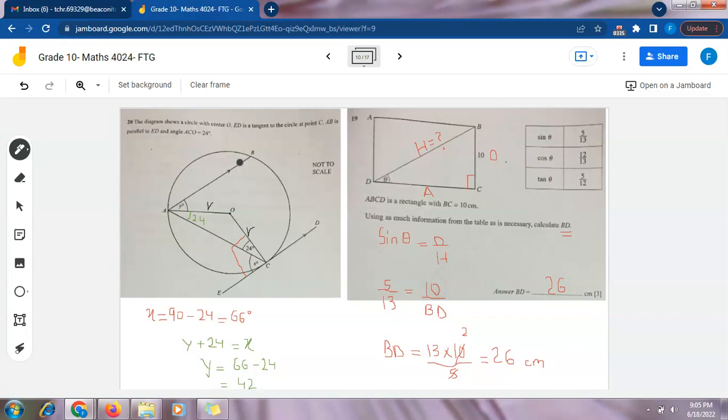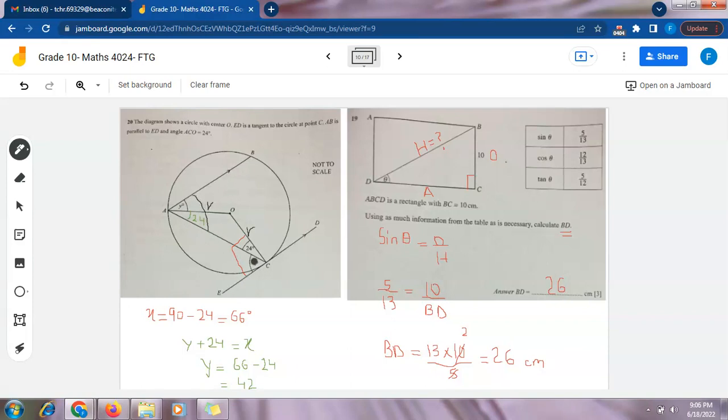Now since these two lines are parallel, we can see the formation of a Z. This complete angle will be equal to this angle because these two are alternate angles. So y plus 24 will be equal to this angle, x, because this is the Z starting from here, then this line coming to C, and this is the formation of the Z.